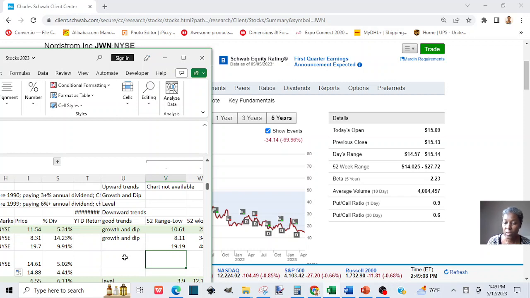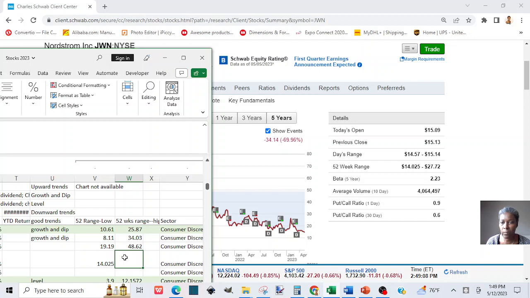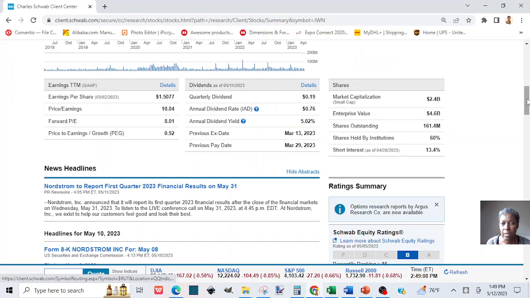So at some point it sold for 14.025, and another time it sold for $27.72. So let's see if the dividend is still 5.02. Yeah, and it paid dividend in March.